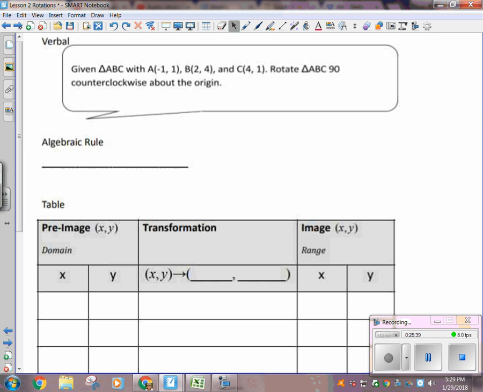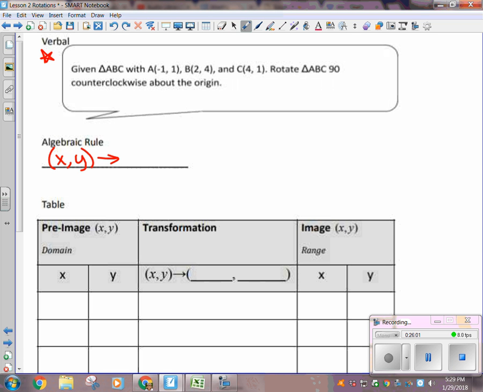All right. This is one of your verbal descriptions. You had a couple of these to do. So it's exactly the same. It's describing it with verbiage, with a written language. How do you describe it? Here's where you write your rule that usually begins (x, y). And for these rules for rotations, it's the same rotation rule for every person.